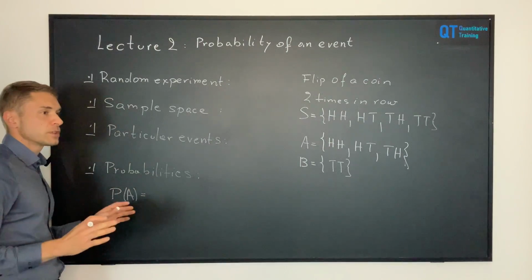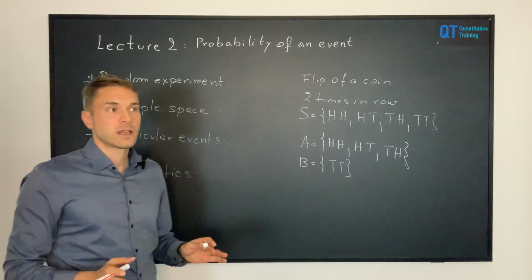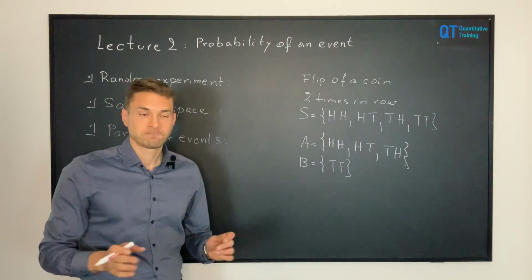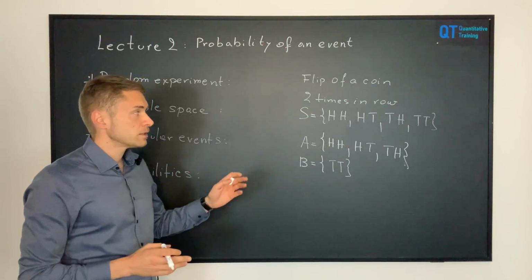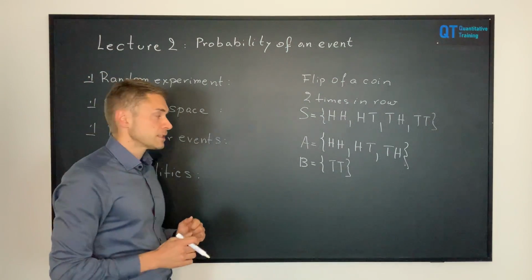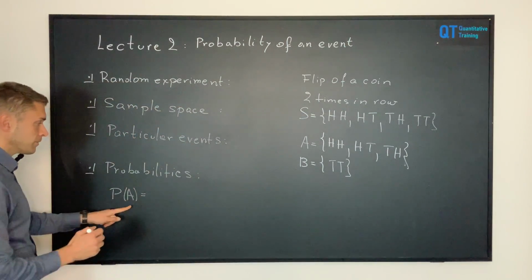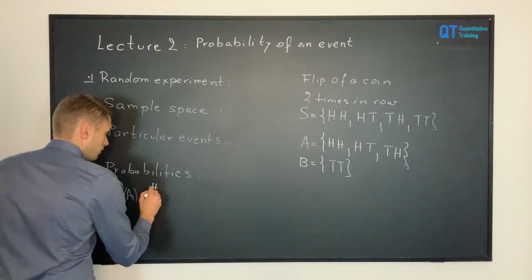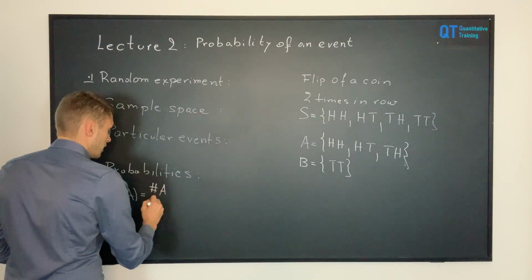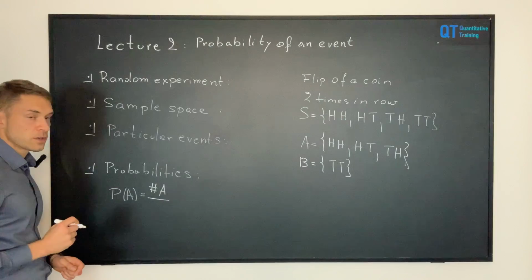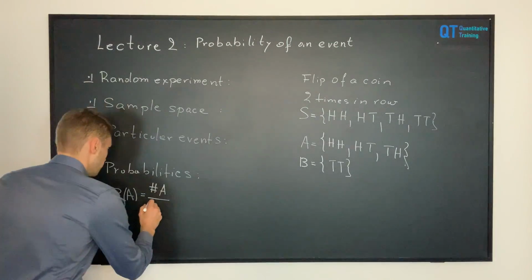Well, this is pretty easy because it basically boils down to counting elements inside our different sets. So the probability of obtaining A is the number of elements of the set A divided by the total number of elements of the total sample space.